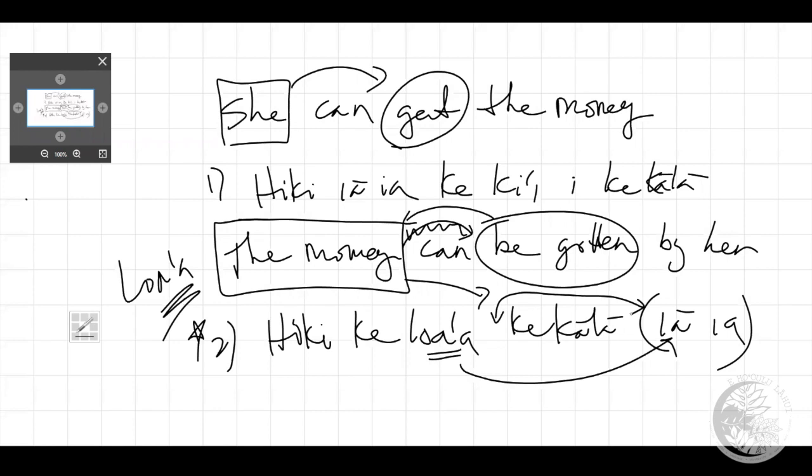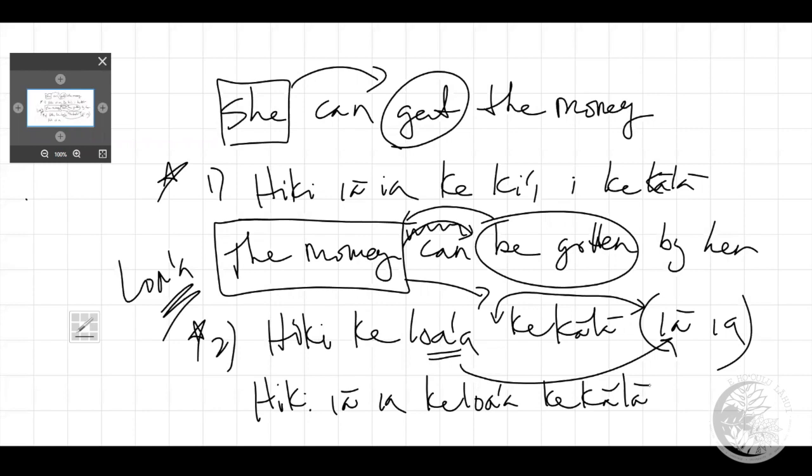Now, the common mistake when people say she can get the money, and people use the word loaʻa for the expression of get, the common mistake is actually saying it like the first pattern. And people will say commonly, hiki iā ia ke loaʻa ke kālā.